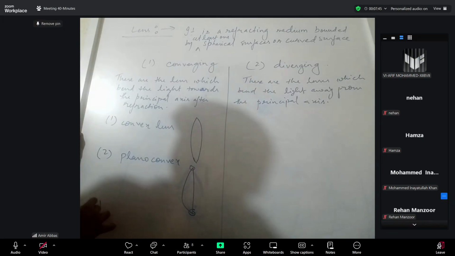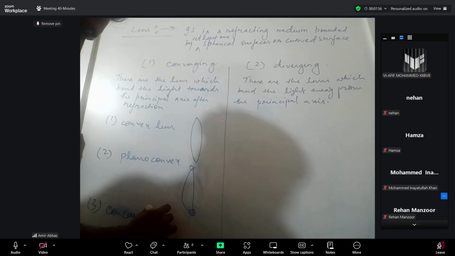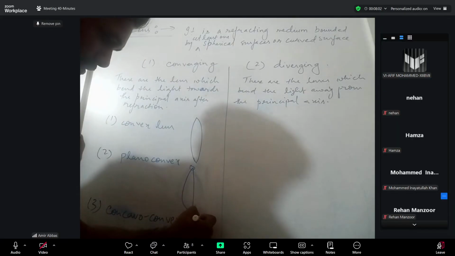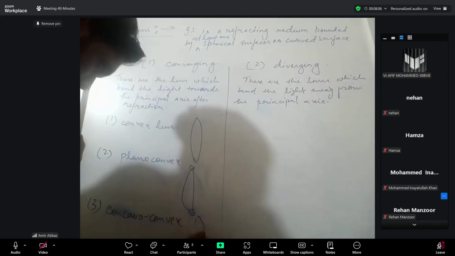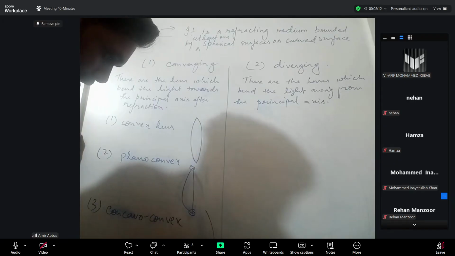Then third is concavo-convex. It would be like this, if you see.